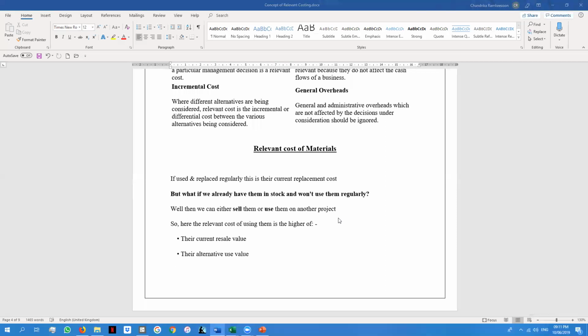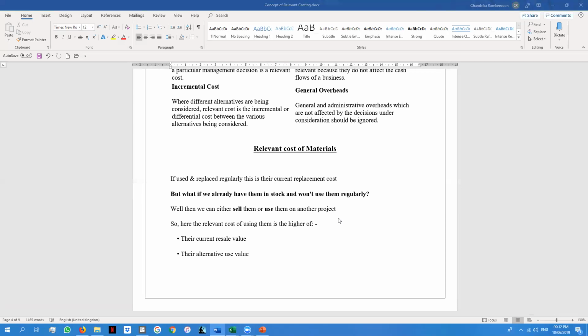So, relevant cost of materials. If used and replaced regularly, this is their current replacement cost. And this, as you will see shortly, will be the relevant cost. But what if we already have them in stock and won't use them regularly? Maybe it was bought a while ago, 1,000 kilograms, but we don't use them regularly.